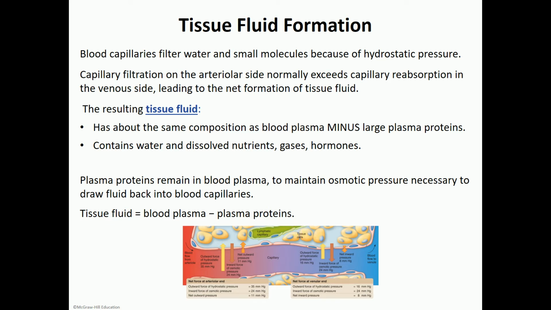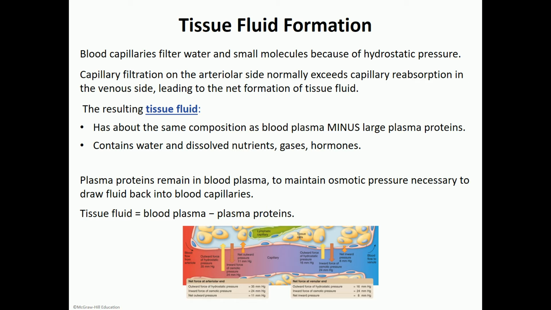So the resulting tissue fluid basically has the same composition of plasma minus the plasma proteins. These plasma proteins are just too big and they cannot pass through the capillary slits, those little holes in the capillaries, and that's why they remain inside of the capillaries. So again, your tissue fluid has water, lots of nutrients, gases, and hormones in order to affect the different cells.